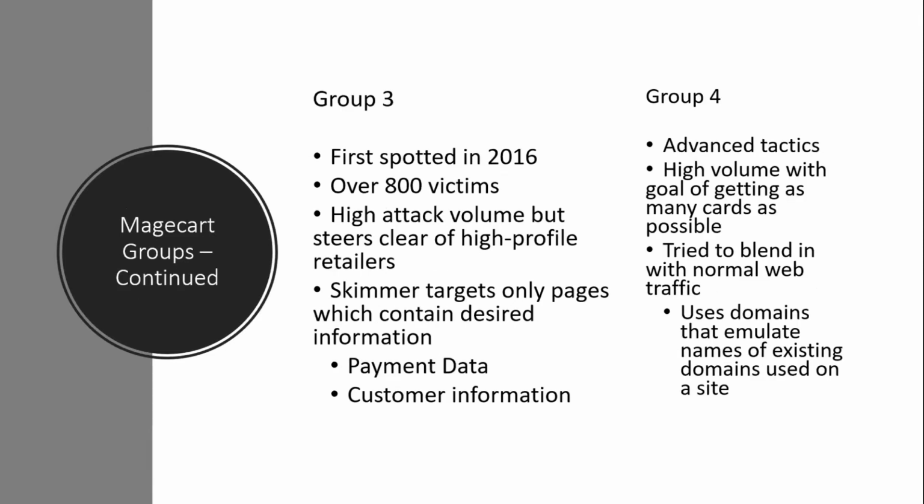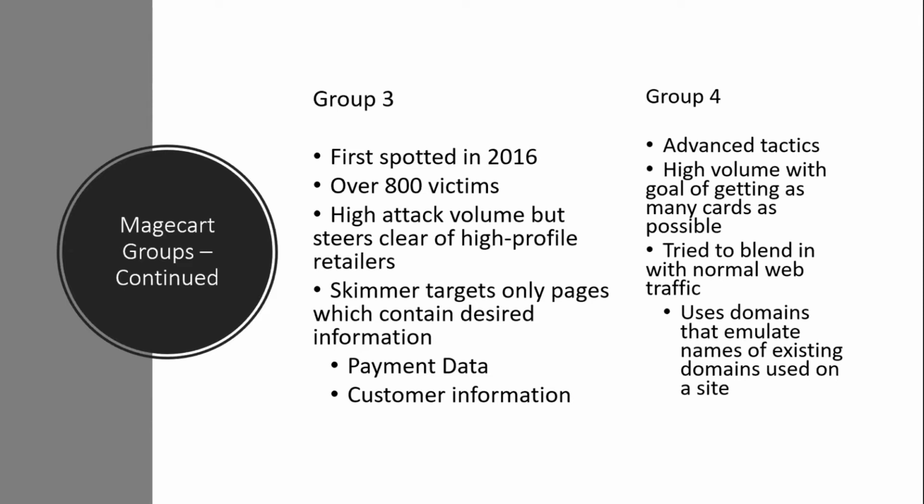Moving to groups 3 and 4. Group 3, if you look here, started in 2015. We now have groups 2 and 3 spotted in 2016. Group 3 has almost 1,000 victims, a little over 800. They have a high attack volume, but they steer clear of the high profile retailers. They're not going to go after your Best Buys, your Macy's, your Nikes, your Amazons, things like that.